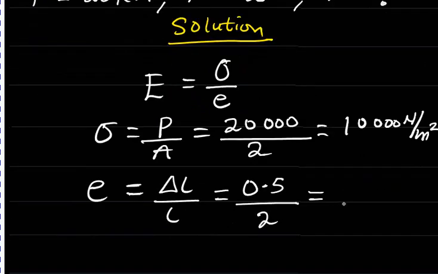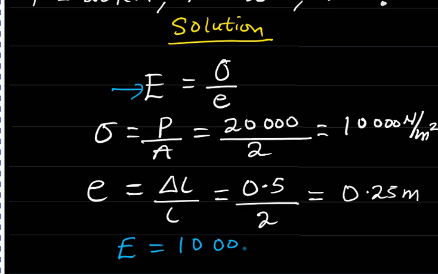This gives us 0.25. Applying all the parameters, our Young modulus of elasticity is equal to the tensile stress, which is 10,000, divided by the strength, which is 0.25.